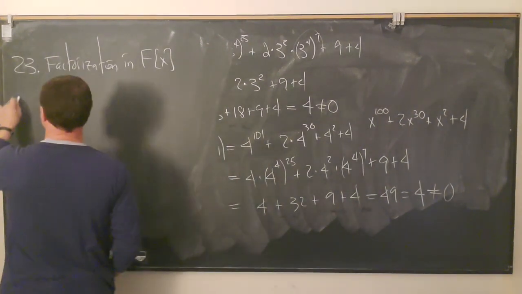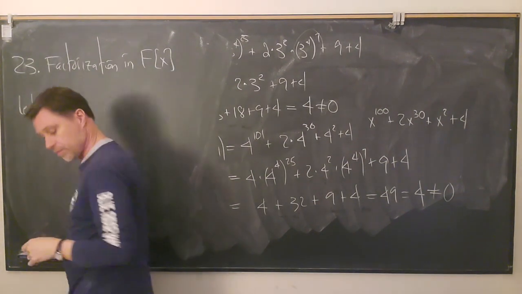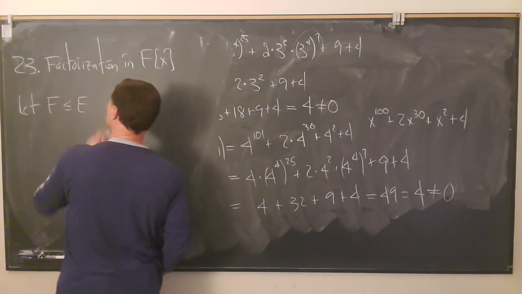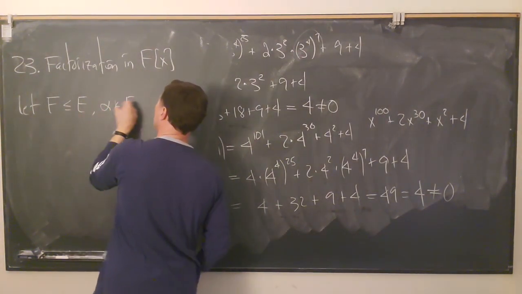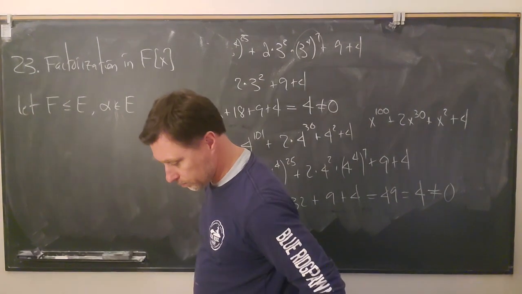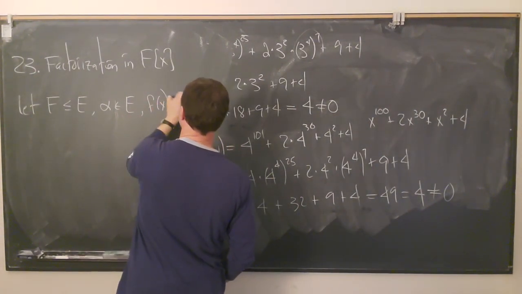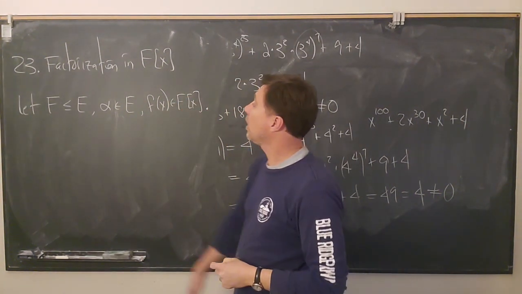So here's our starting point. Let F be a subfield of E and alpha be an element of E, and I want a polynomial f of x in F bracket x. That's going to be our standard setup here.